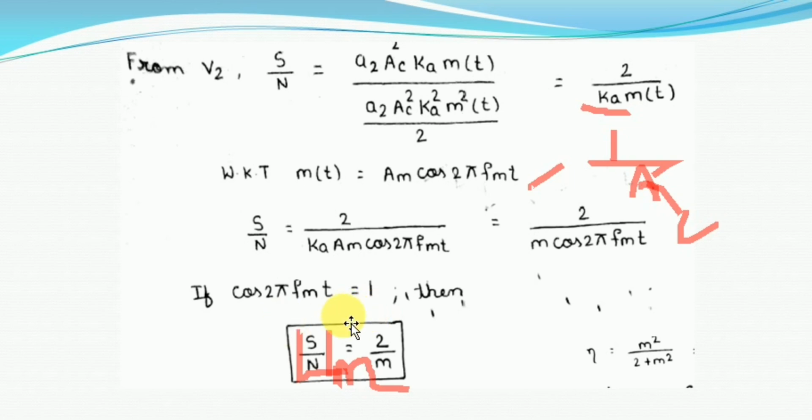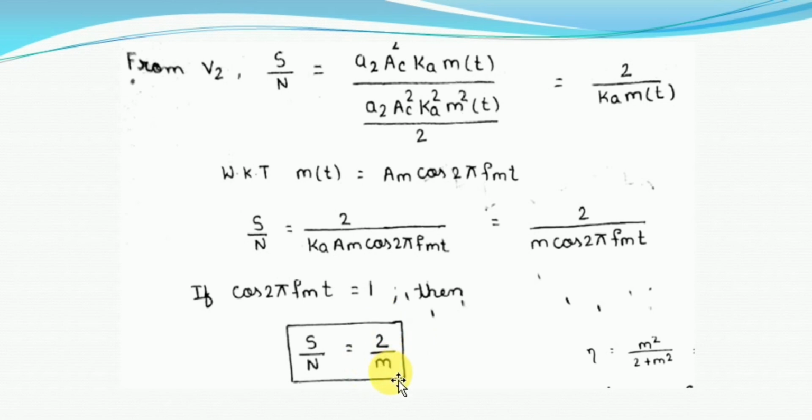The maximum of cos 2 pi fmt is 1, which implies that S by N is 2 by M. So in order to retrieve only the signal information, that is, if the signal strength should be high, the modulation index value should be low.